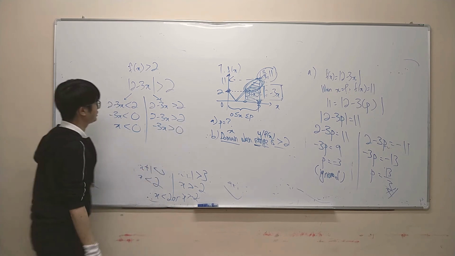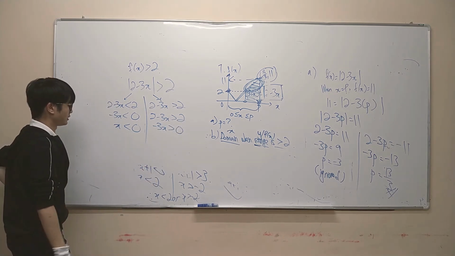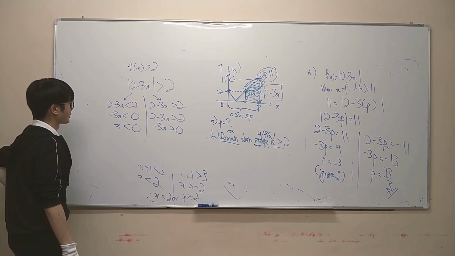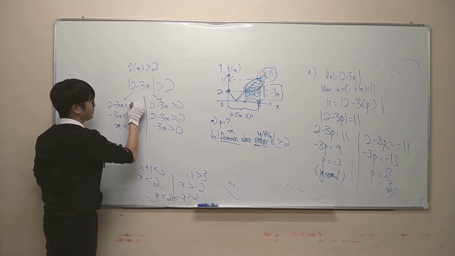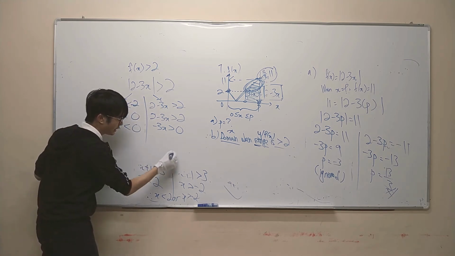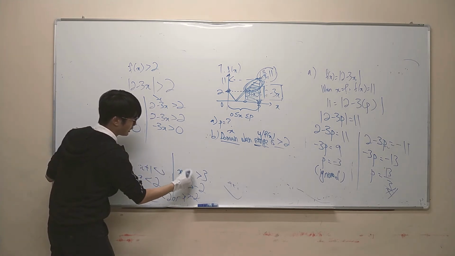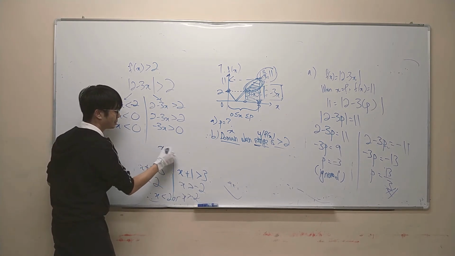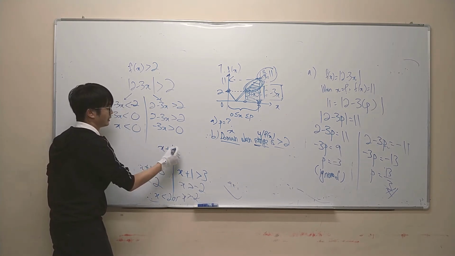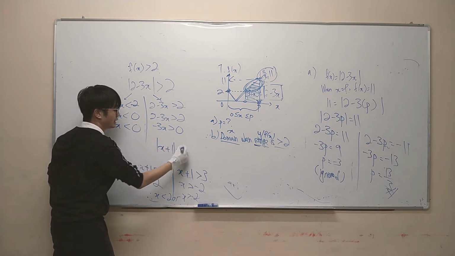Oh, wait. What is this? Okay, sorry. Negative, bro. Okay, I missed a negative. Okay, sorry. So modulus x plus 1, what's the question here? Modulus x plus 1 bigger than 3, right?